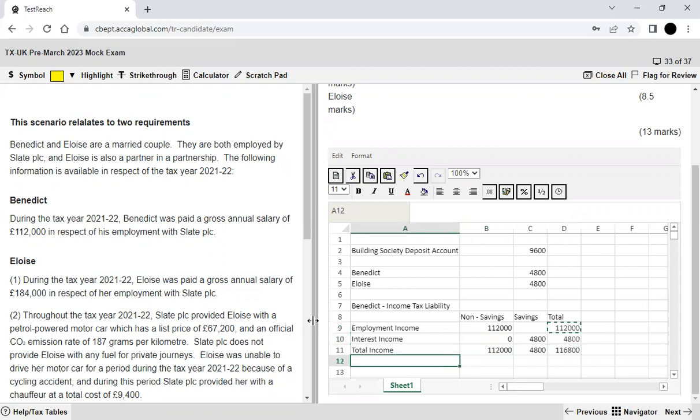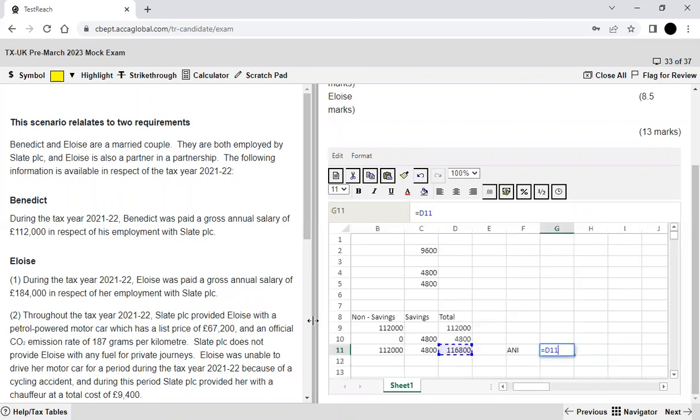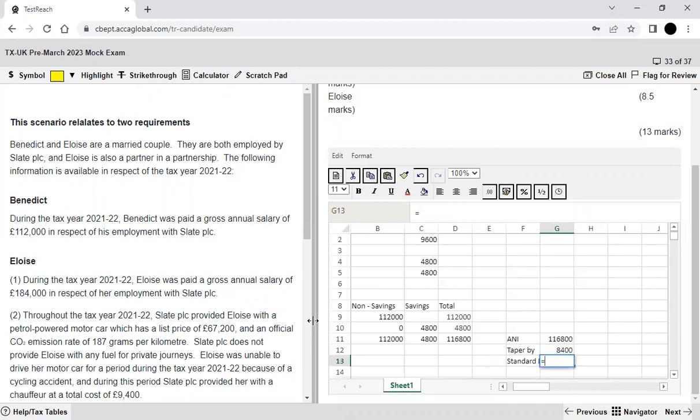Since there is no qualifying interest, I'm directly deducting the personal allowance. Adjusted net income is 116,800. It should be tapered from the standard personal allowance.